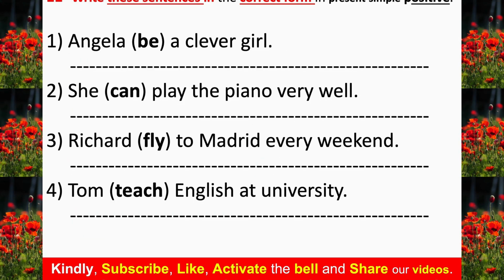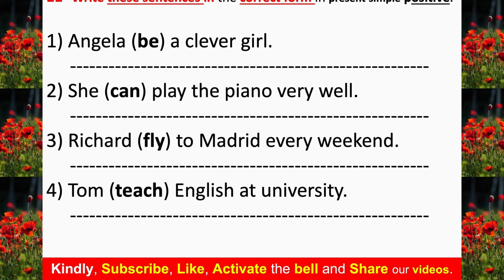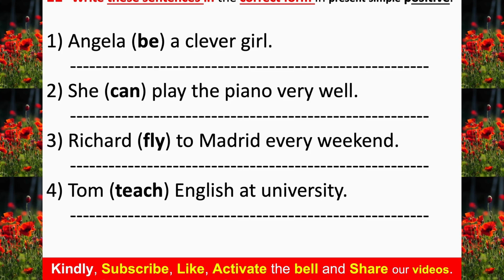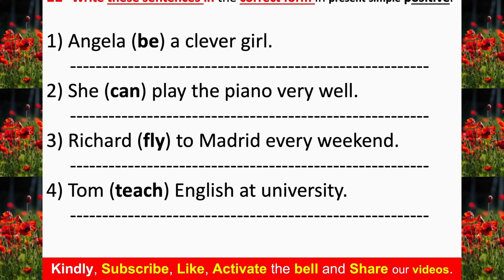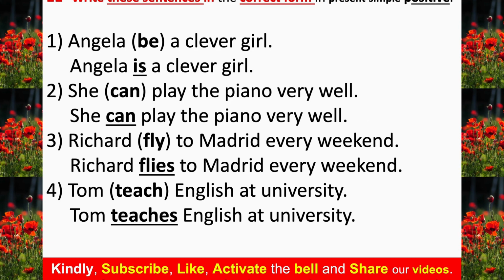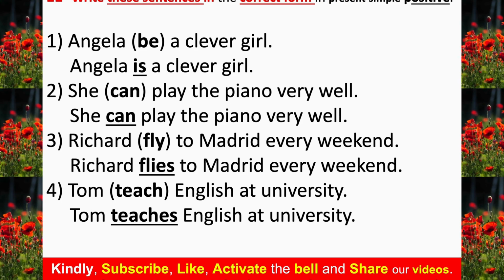In number 11, write these sentences in the correct form. Present simple positive. Angela be a clever girl. So the verb to be in positive in present simple is am, are, is. If you write Angela be a clever girl, it's not correct. Angela are a clever girl, it's not correct.